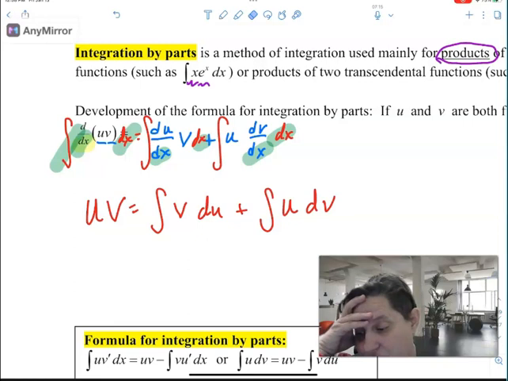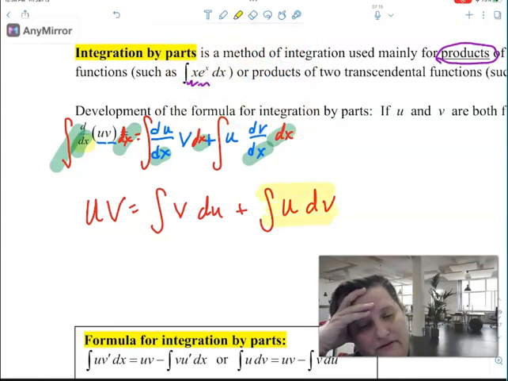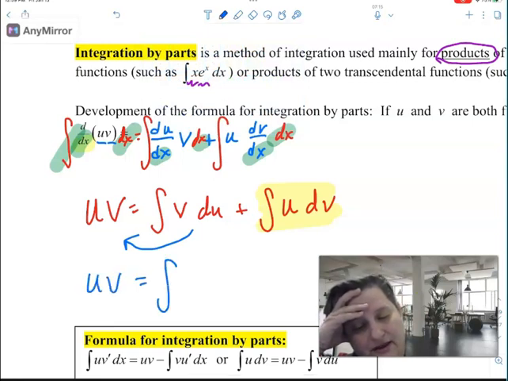Now, what I'm going to do at this point is solve for u dv, by subtracting this to the other side. Sorry.